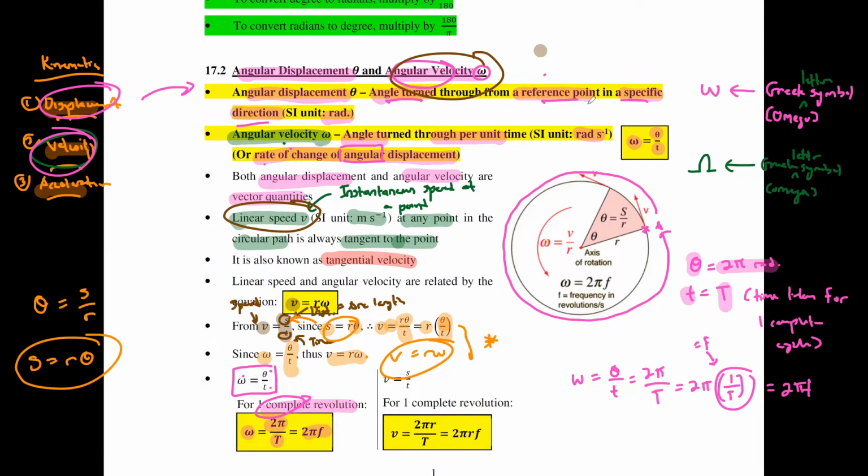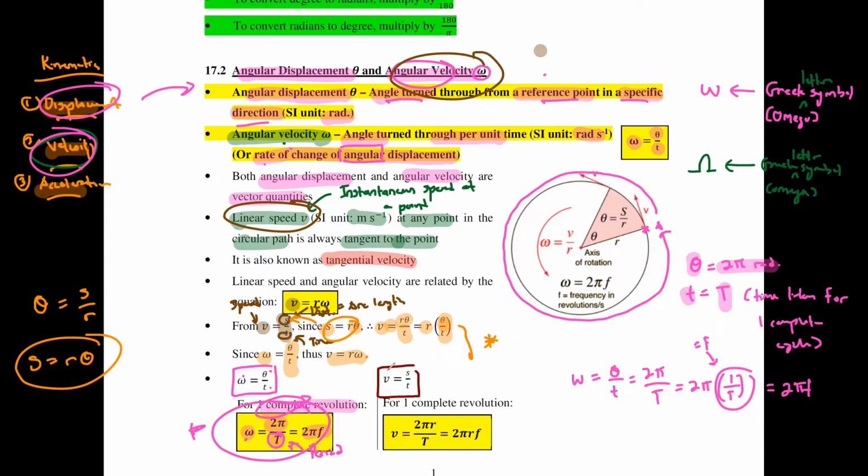So bear in mind that this T here is the period, the time taken to complete one full circle. This is something that you will use quite often later on also. This is quite important. And then let's just say I talk about another equation, where this time I have v equals s over t.